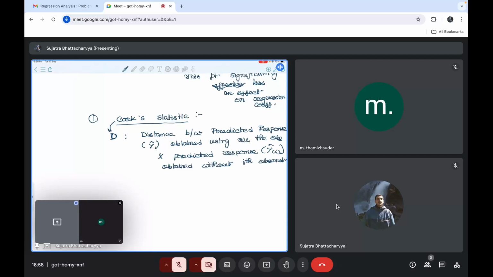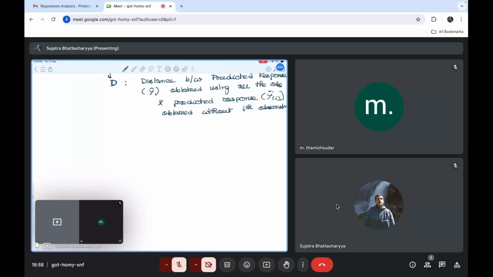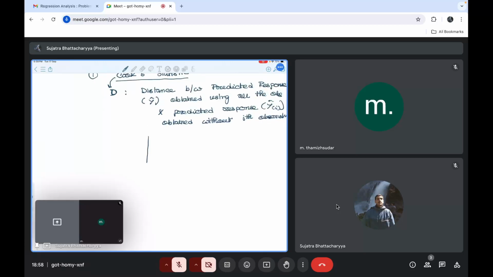Okay, so let us understand this. Suppose you have these observations. This is x, this is y, and these are some scatter points. And you have an influential point over here, which is A. If you don't use A, then this is the trend line. If you use A, then this is the trend line.